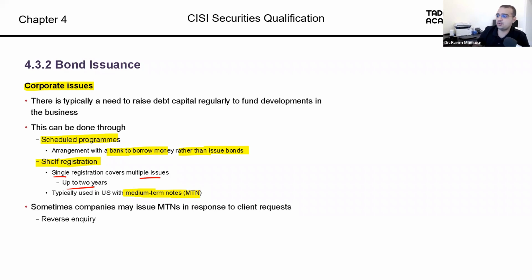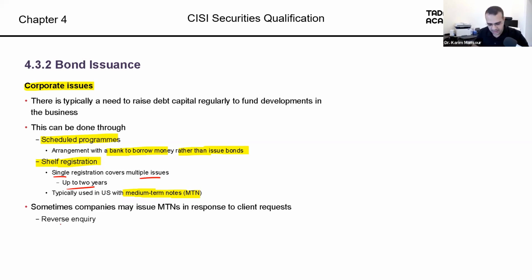Sometimes the company might issue a part, and then the company might wait for demand. The investor can go to the company and say, we're interested in buying some of your bonds. Since the company already has approval for 2 years, then they can issue this new investor a certain number of bonds.